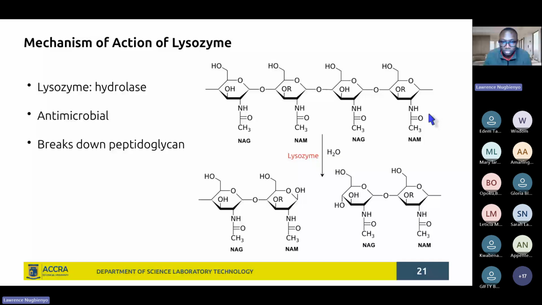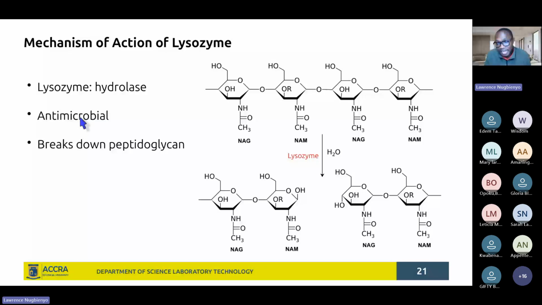So if peptidoglycan is the major component of bacterial cell walls, and lysozyme acts on the glycosidic bonds between the monomers, breaking down these glycosidic bonds, then lysozyme will have such antimicrobial activity, because once it breaks down the cell walls of bacteria, that is going to result in their death.